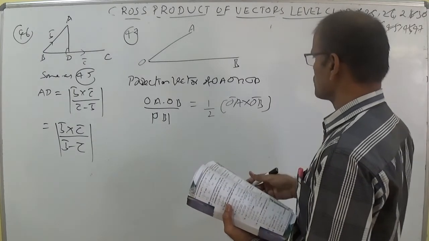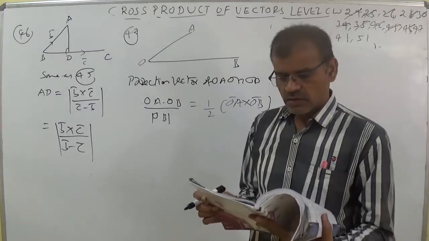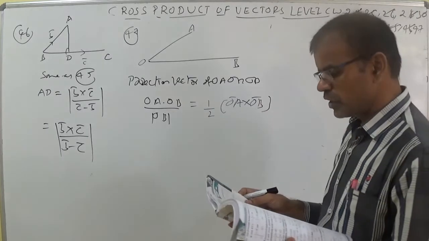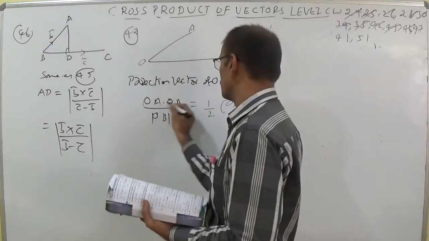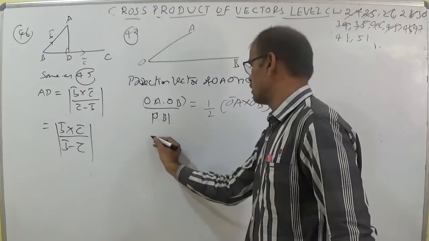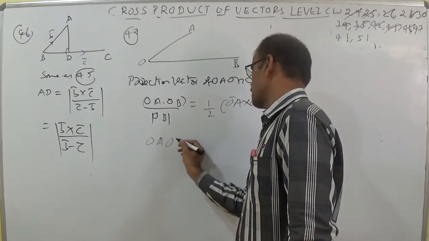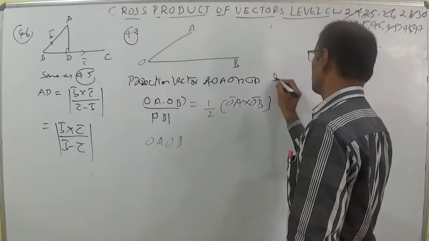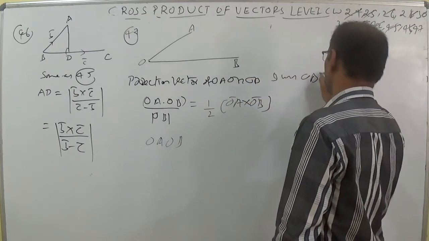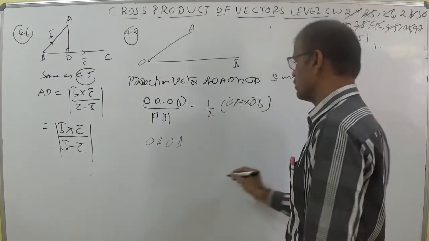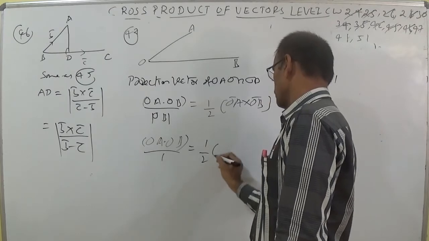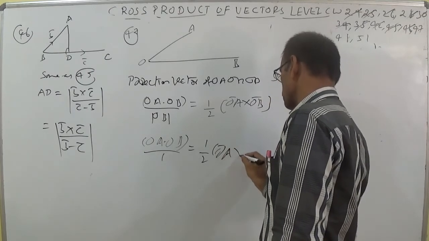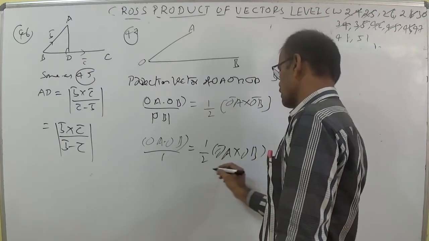So, the data he has given, clearly, modulus of OB is equal to 1. So, OA dot OB by 1 is equal to 1 by 2 into OA cross OB.